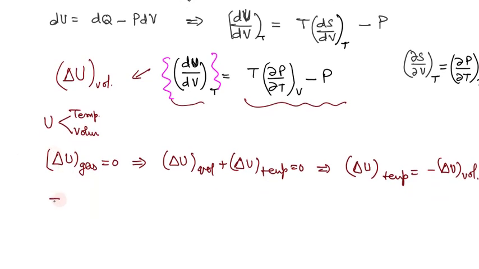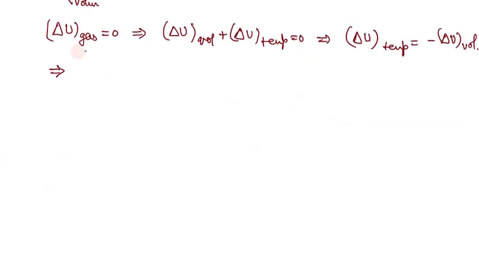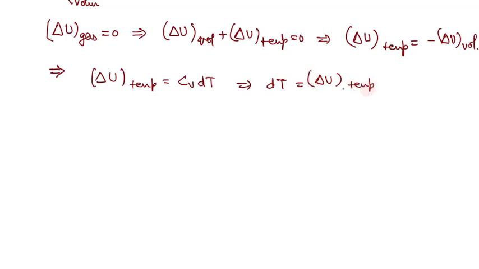From the previous expression, delta U due to the temperature is my Cv dT. So my dT will be delta U of temperature divided by Cv. If I know the contribution due to the temperature, then the same contribution will be due to the volume with a negative sign.